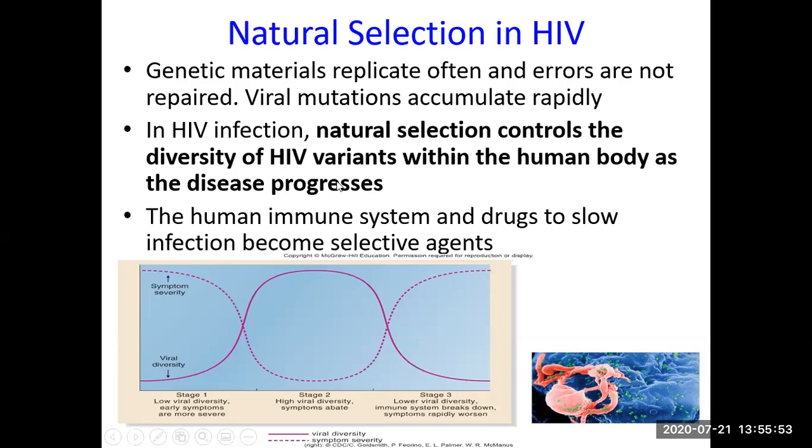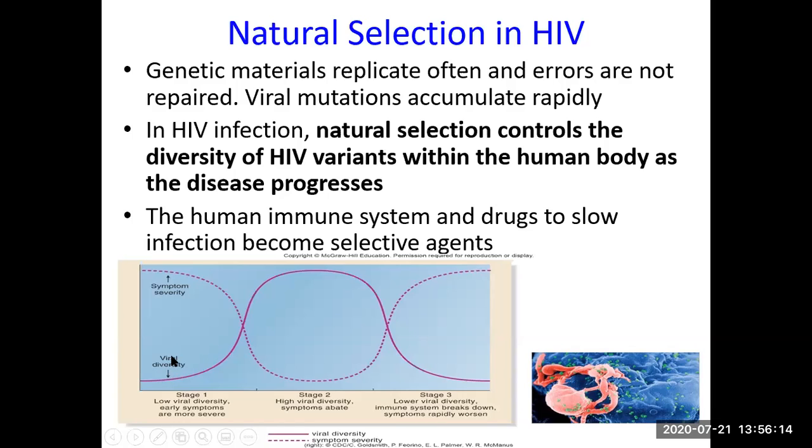HIV viruses mutate very fast within the human body as the disease progresses. The first stage is when the virus enters a human body, maybe just 1 or 2 viral strains. So the diversity of the viral population is really low. This is stage 1, low viral diversity.